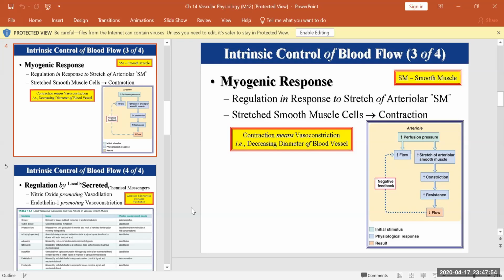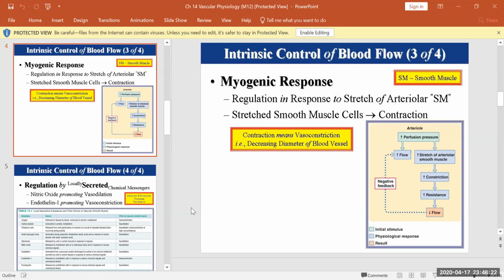So when you stretch the wall of the blood vessels out, the smooth muscle will contract. In this case, we call it vasoconstriction, meaning the diameter of your blood vessels becomes smaller, okay? So contraction in the vascular bed we call vasoconstriction.